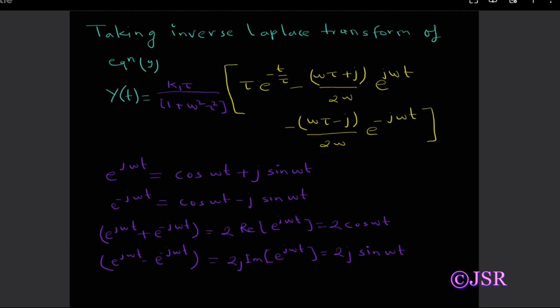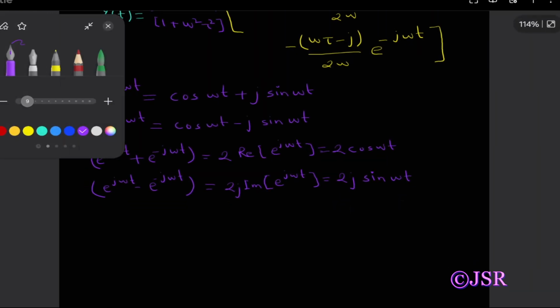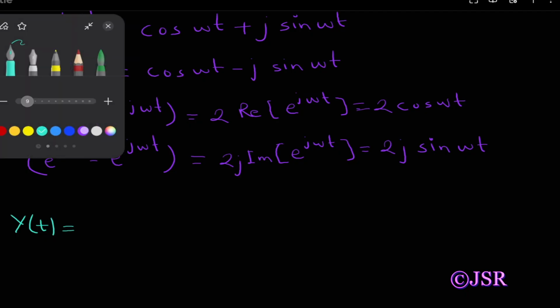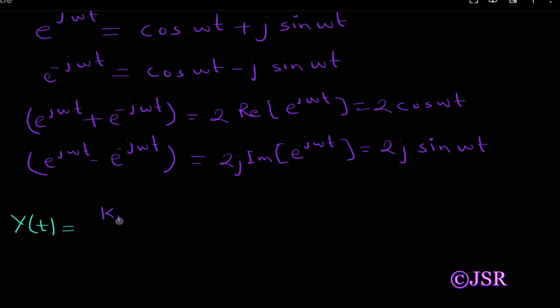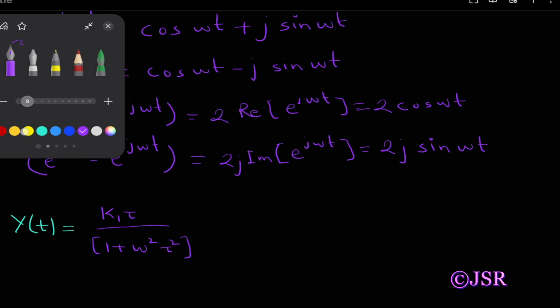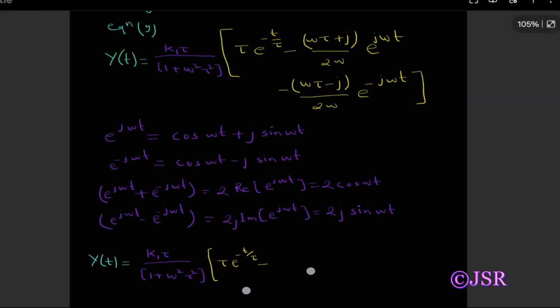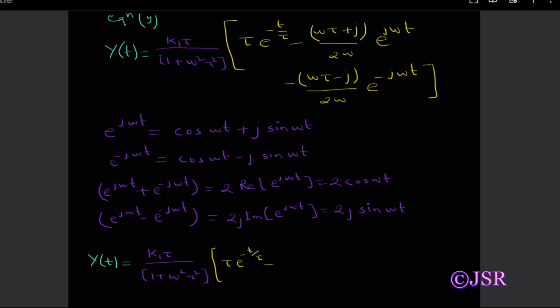So if we further simplify y of t, we can express y of t as follows. y of t equal to k1 tau upon 1 plus omega square tau square, and in the bracket we will have tau e to the power minus t upon tau, the first term.